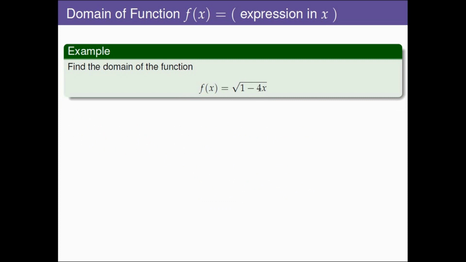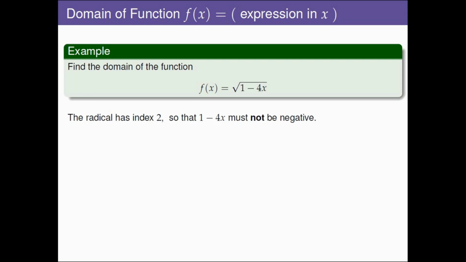Next, find the domain of the function f of x equals square root of 1 minus 4x. Since we have a square root, the index of the radical is equal to 2, which is even. So the expression inside, which is 1 minus 4x, must not be negative.